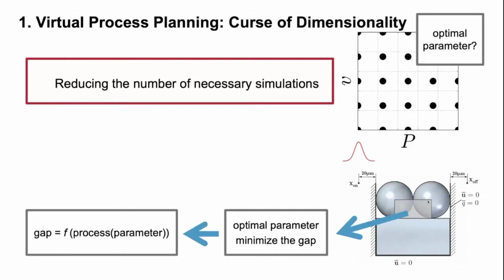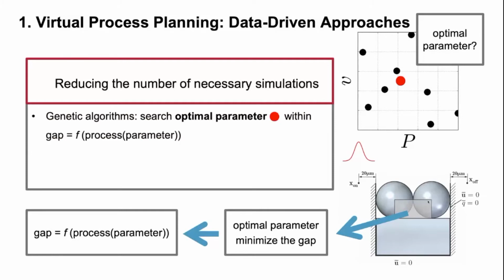And then we have two options. The first is we apply genetic algorithms, and we search for the one and only optimal parameter set within this complex gap function, which is a function of the process and a function of the parameters. Genetic algorithms are evolutionary algorithms.